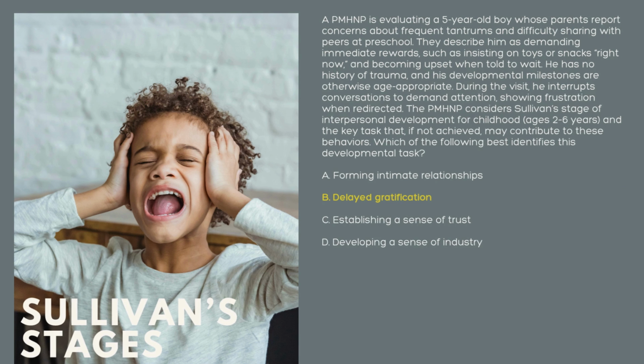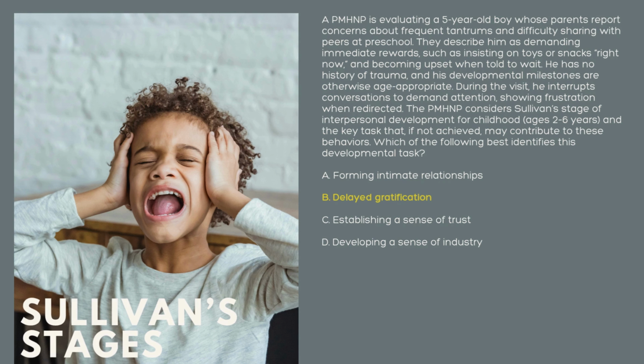All right, so this shows us our role in applying developmental theories to assess and manage behavioral changes in this particular population. So we have to identify the developmental task from Sullivan's interpersonal theory that, if not mastered, is going to explain why the child's behaviors are related to this particular developmental stage.